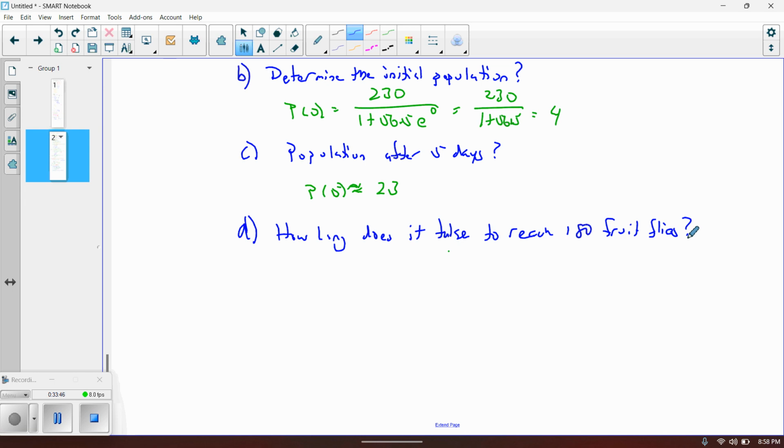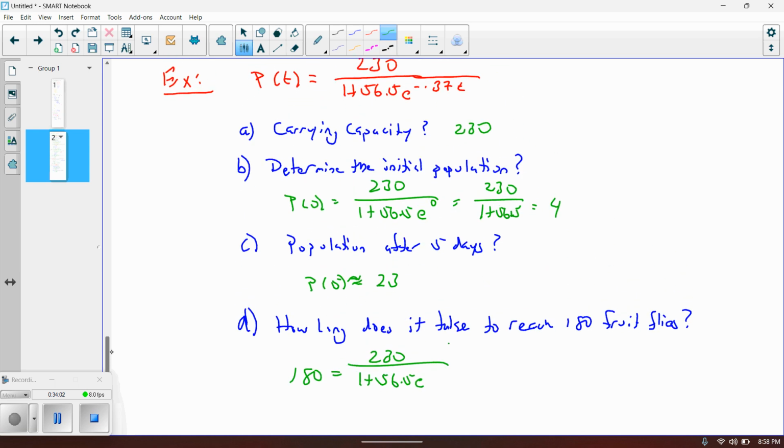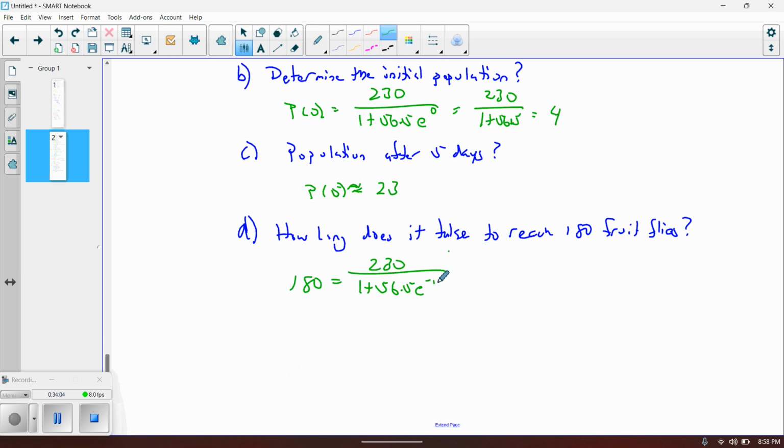So if you want to figure this one out, you're going to take 180, set it equal to 230 over 1 plus 56.5 e to the, what the heck was the k value there? Negative 0.37 times t.